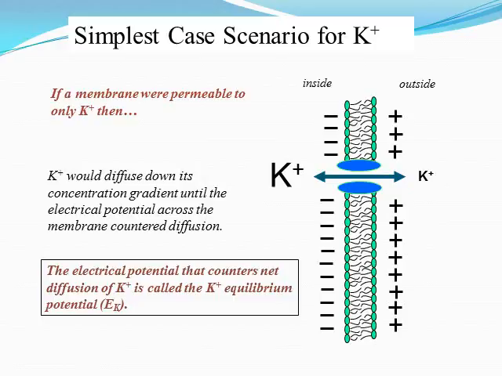So when potassium diffuses down its concentration gradient, it does this until it reaches its electrical potential. So you wind up with, again, more potassium inside of the cell than outside, and that results in what we call an equilibrium potential, or we call that capital EK. So the equilibrium potential of potassium, or the equilibrium potential of any other ion, is going to contribute to the overall membrane potential of a cell.